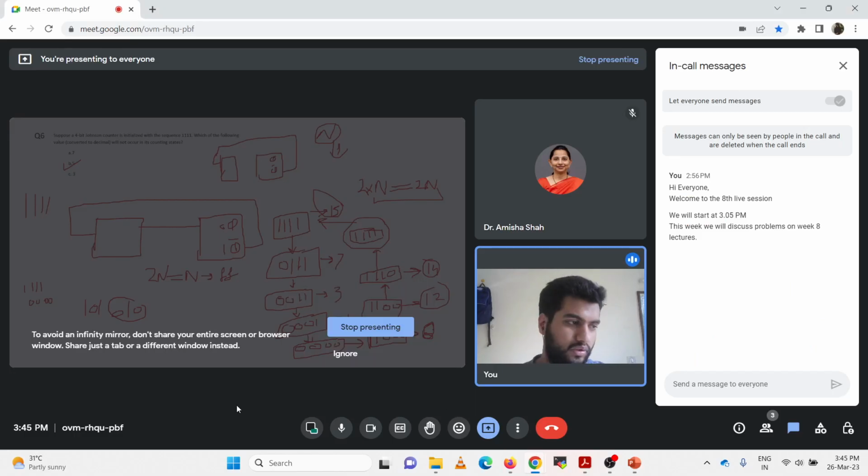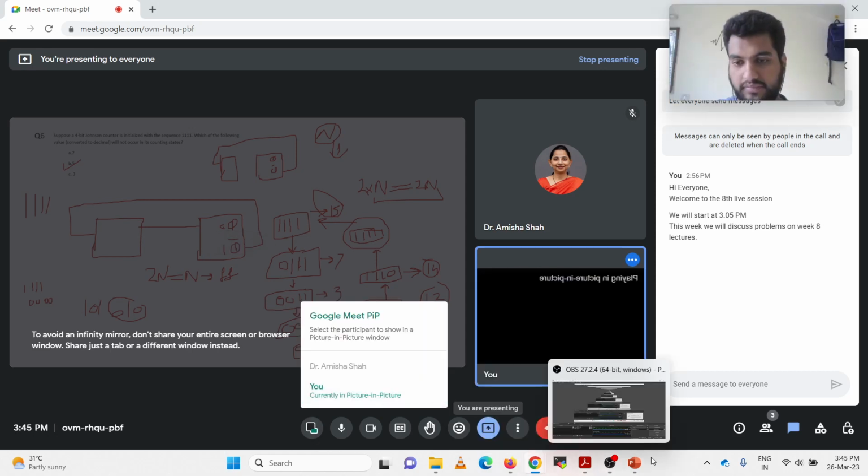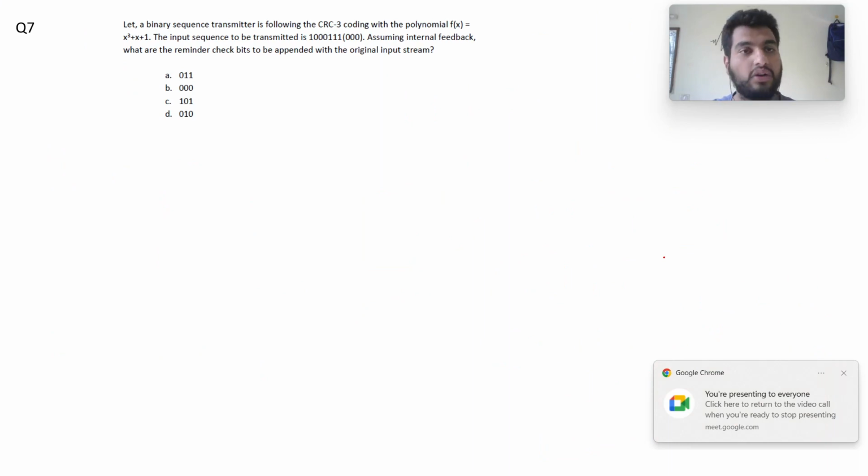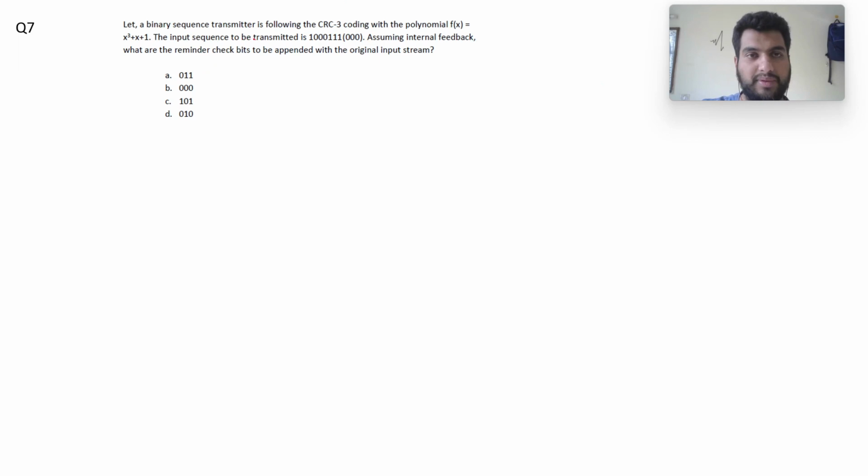Now moving forward to question number 7. This was question number 6. Question number 7 states that a binary sequence transmitter is following the CRC3 coding with the polynomial x cube plus x plus 1.